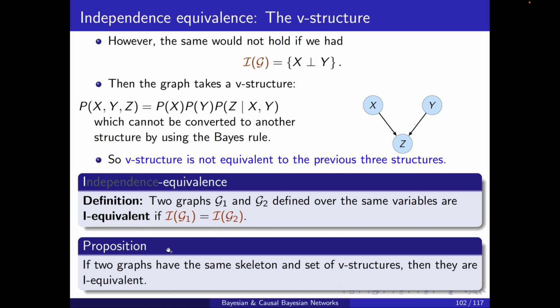Now, we can derive a proposition, it's not difficult to prove, that if two graphs have the same skeleton, meaning that just ignoring the directions, the structures of the graphs are the same, and they have the same set of V structures, then they are I-equivalent. So if I have two graphs with the same skeleton and also the same V structures, then their I's will match.